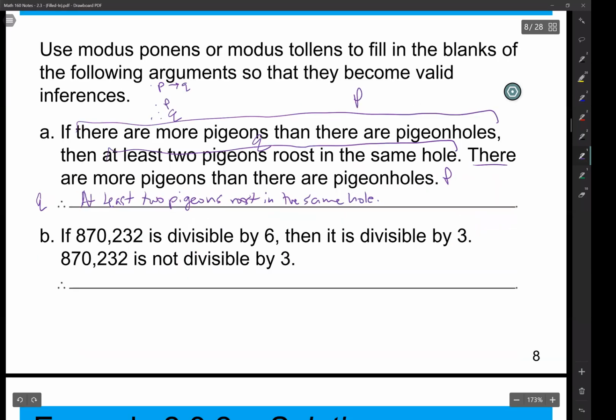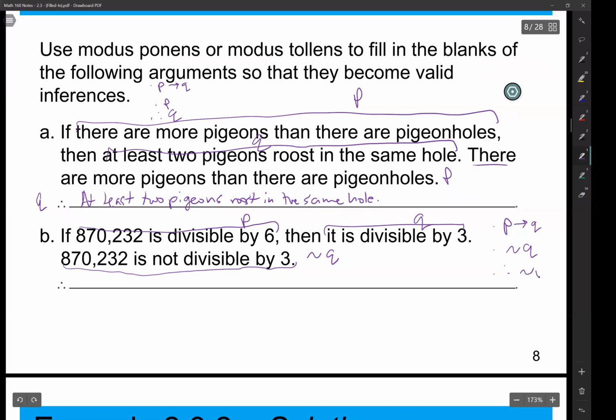Let's look at this one. If the number is divisible by 6, okay, so that's P, then Q. I have that the number is not divisible by 3. Well, guess what? That is not Q. So what do I have here in this argument? I have P implies Q. I have not Q. So what am I allowed to conclude?